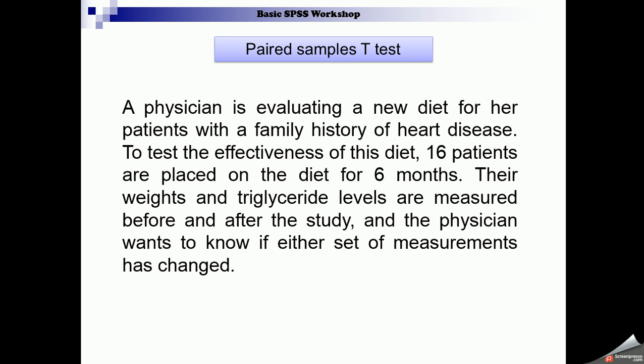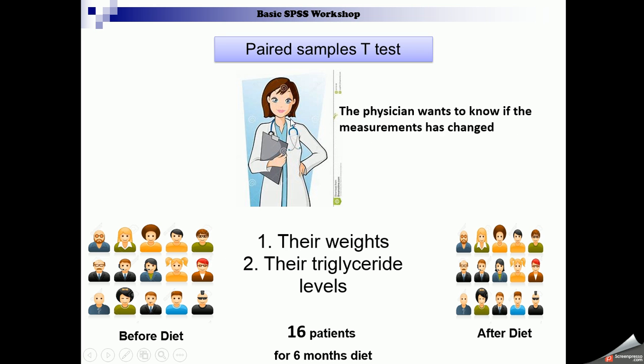The physician wants to know if either set of measurements has changed. So the physician is checking the weights and the levels of triglyceride. We have 16 patients for 6 months, before and after. We want to check these two variables.